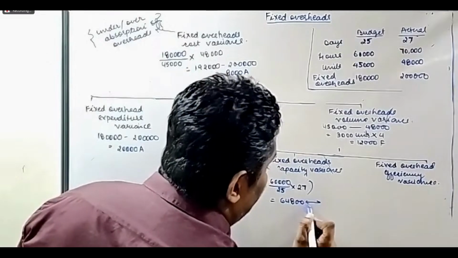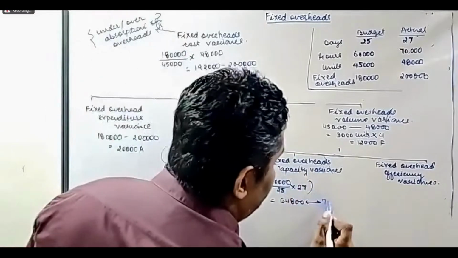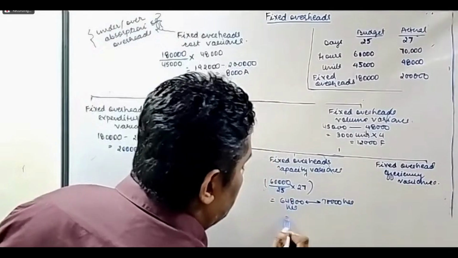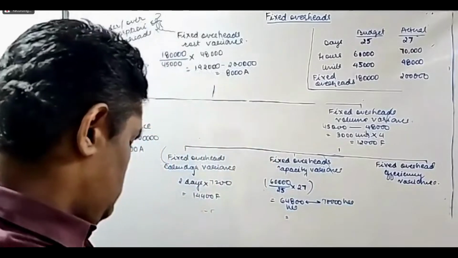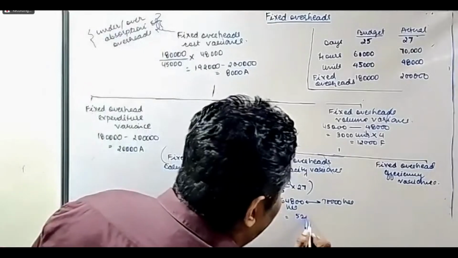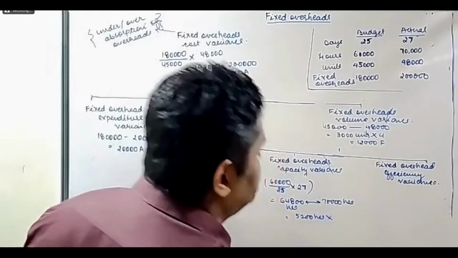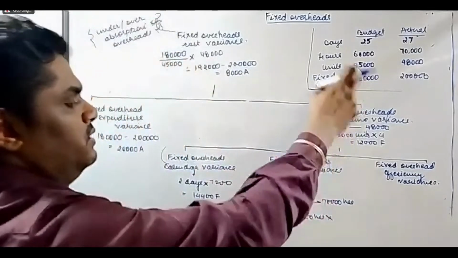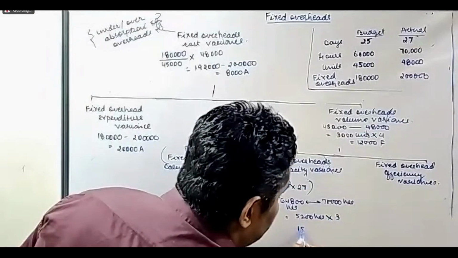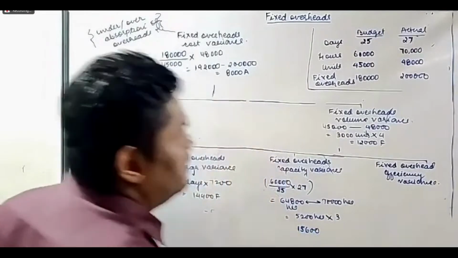But we worked for how many hours? 70,000 hours. That is 5,200 hours extra we worked above our capacity into the rate per hour. So this will be 3. So this will be 15,600.